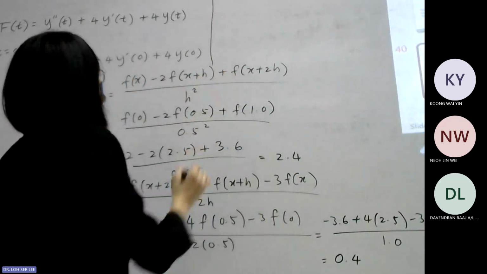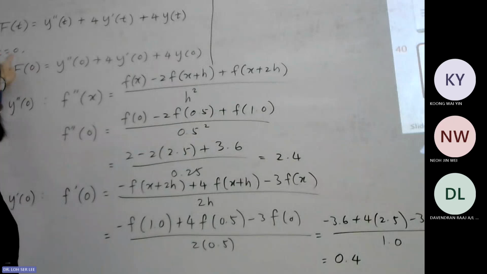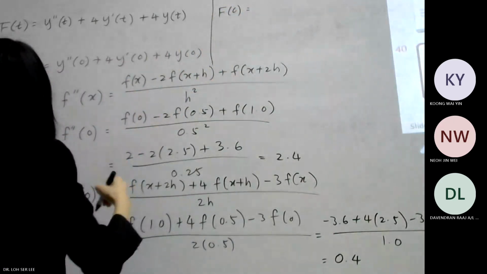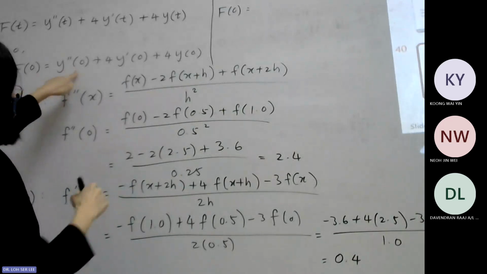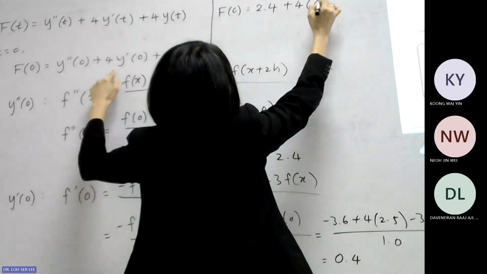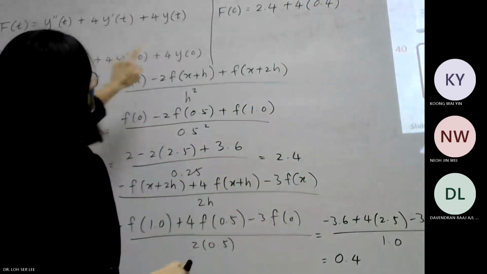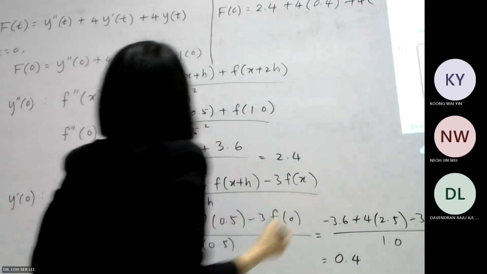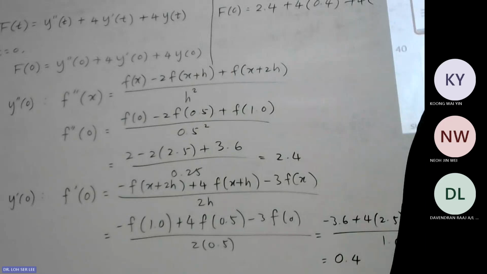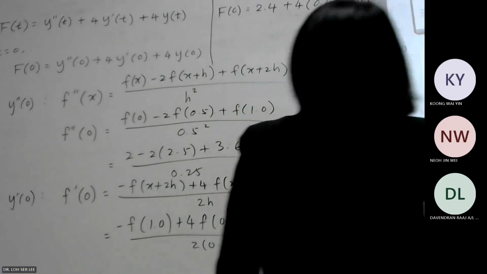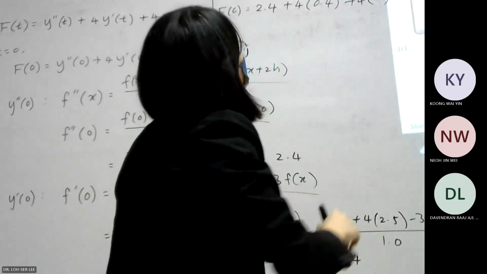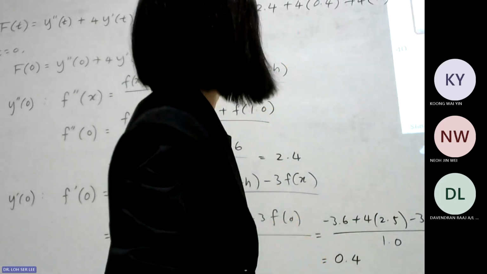So that means now for the case of t equals 0, your f0 will be 2.4 plus 4 times 0.4 plus 4 times y0. What is your y0? y0 is 2. So what do you get?